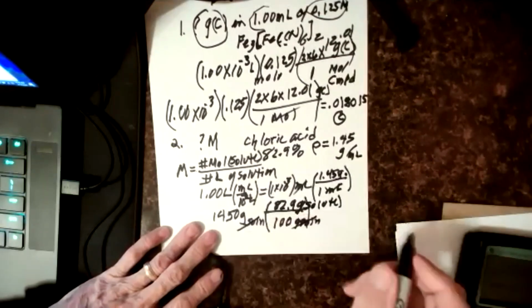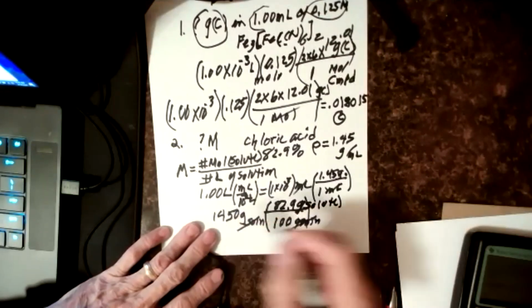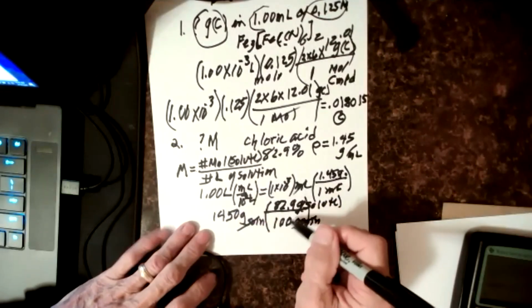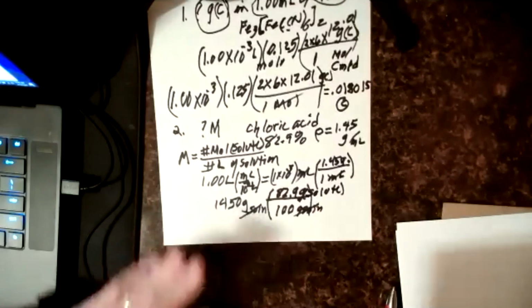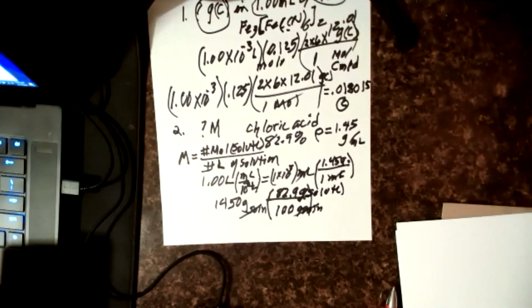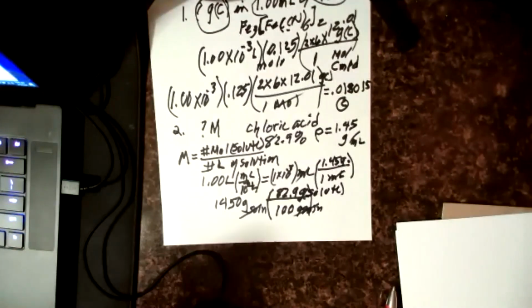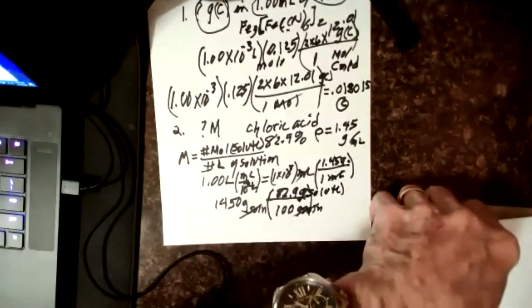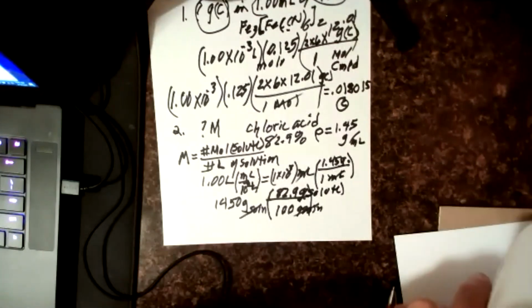That's from the percentage. So I want to take this number, multiply by 82.9, and divide by 100. So I take the number I've got on my screen, multiply it by 82.9, and divide it by 100. I'll go ahead and do that math. And let's get another piece of paper over here.